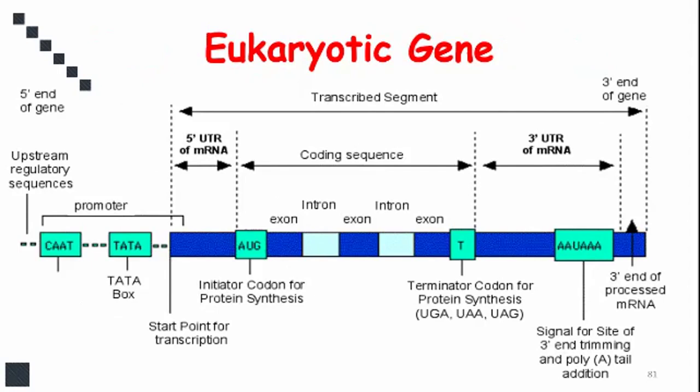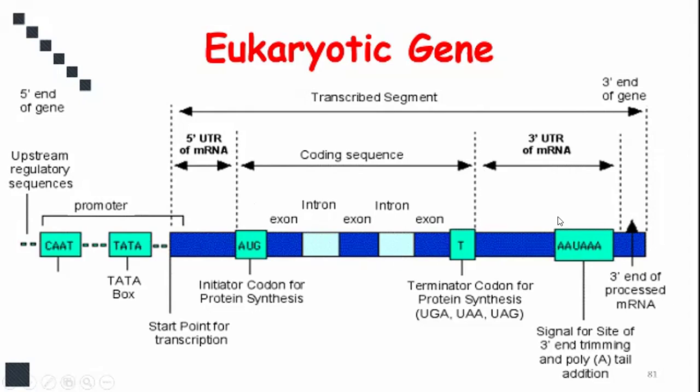The eukaryotic gene is usually formed by this structure, where you have the regulatory region, what we call the promoter region. Then you have the 5' untranslated region of the messenger RNA, and then the last or downstream part that is called the 3' untranslated region of the messenger RNA, and then the poly-A, you can see it here.